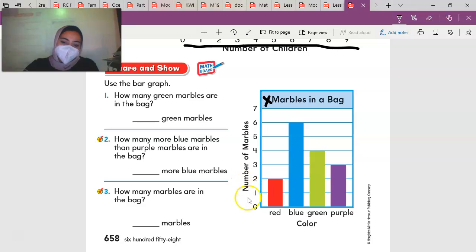Here it says number of marbles. So this number scale tells us how many marbles. And here it tells me the color of marbles. So this is red marbles, blue marbles, green marbles, and purple marbles. So if I look at this, Amariah, how many red marbles are there in the bag?